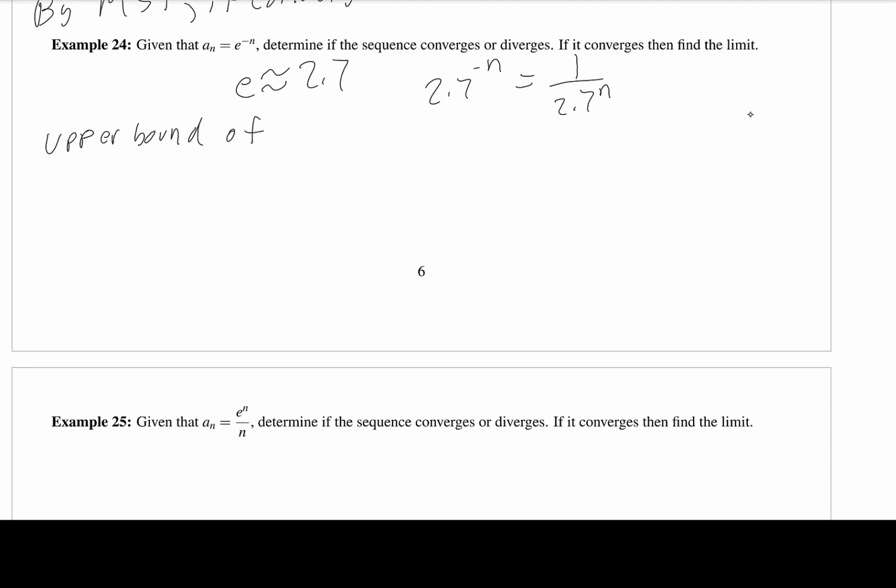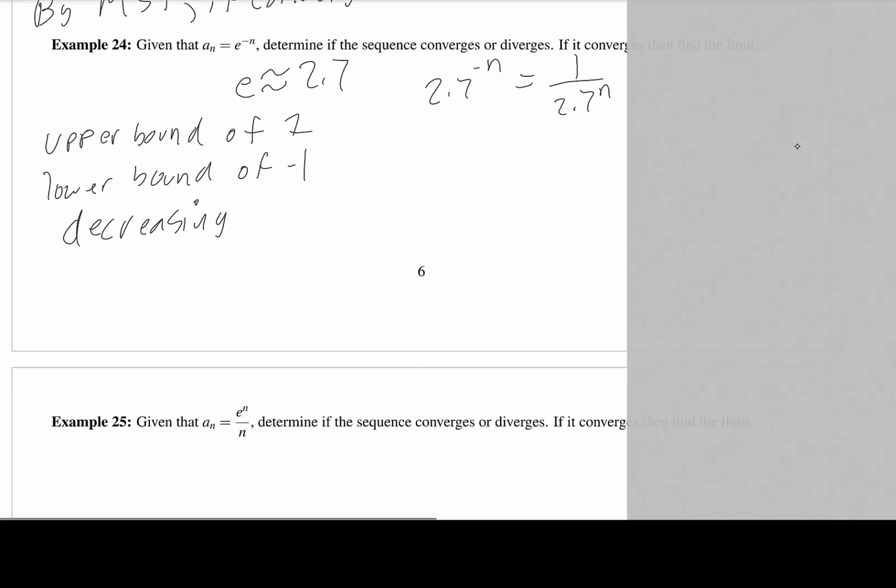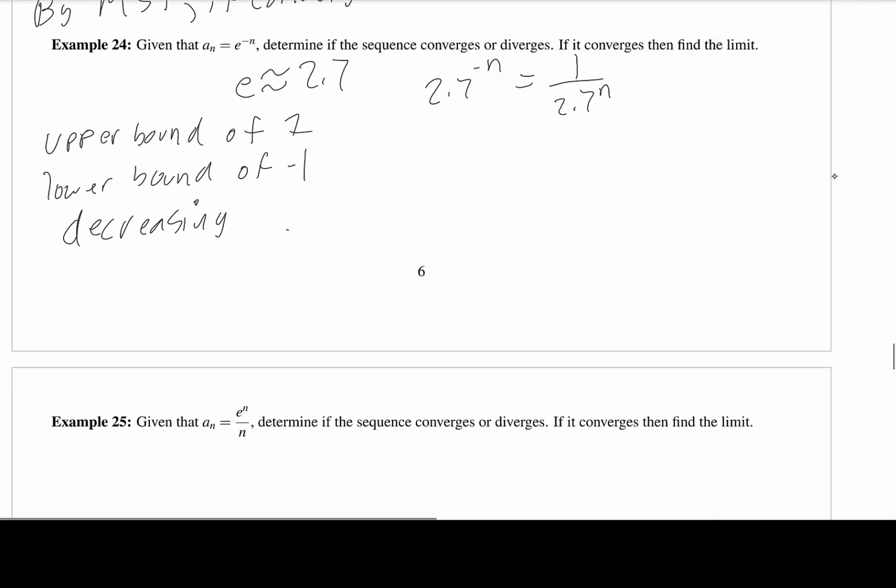Our numerator and denominator will never be negative, so I have a lower bound of negative 1. And I know that this is going to be decreasing, which means it's monotonic. So then by the monotonic sequence theorem, we get that this converges.